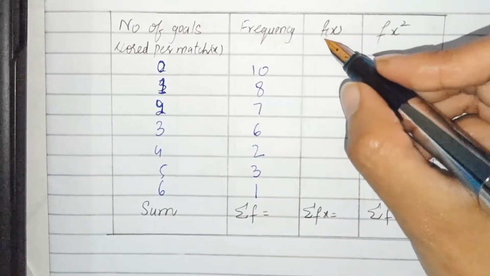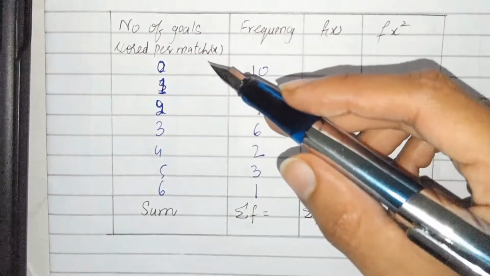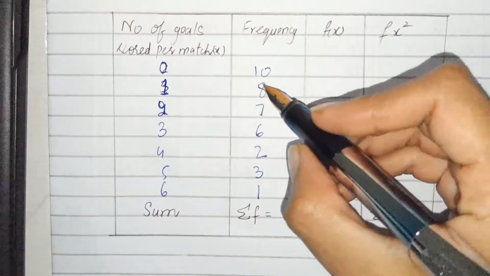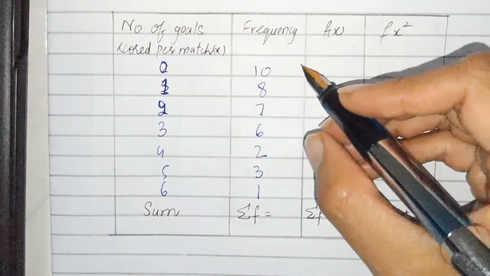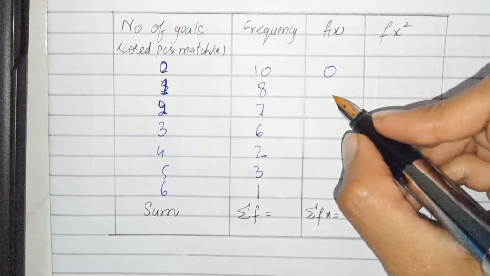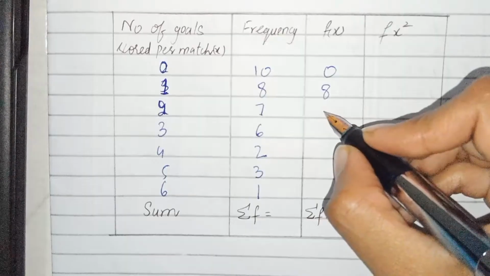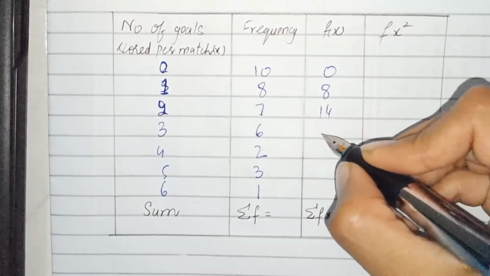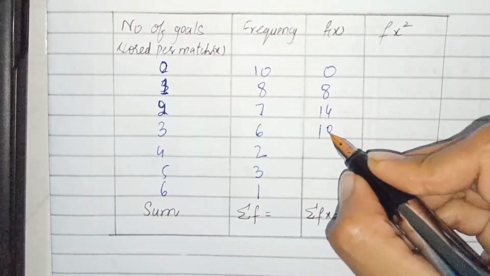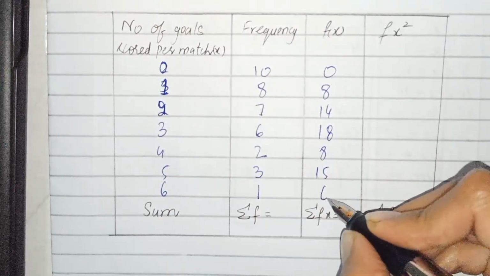Now we have to find the fx. We have to multiply the f with x. By multiplying f with x, we get 0, 8 (1 times 8), and 7 2 times 14, 6 3 times 18, 4 2 times 8, 5 3 times 15 and 6 1 times 6.